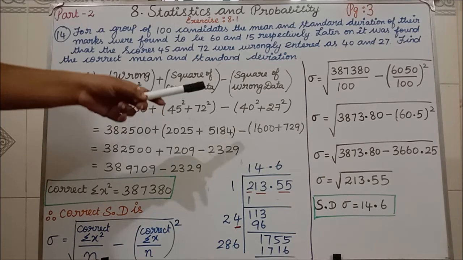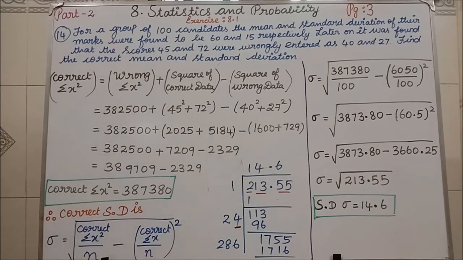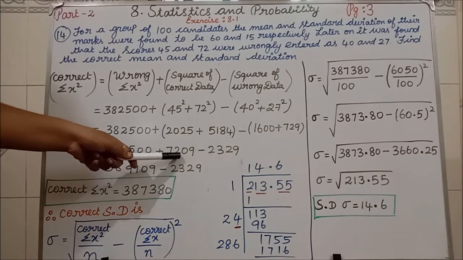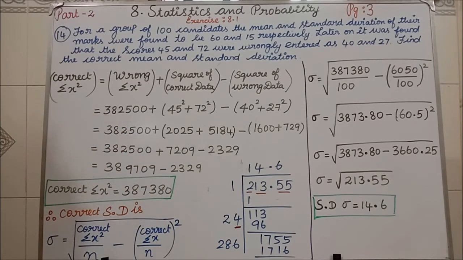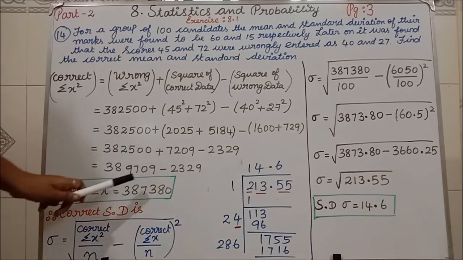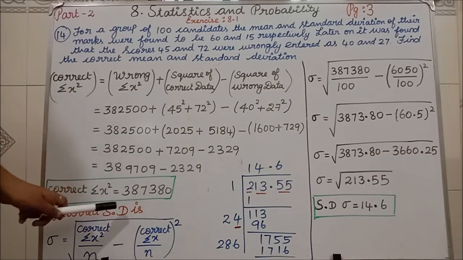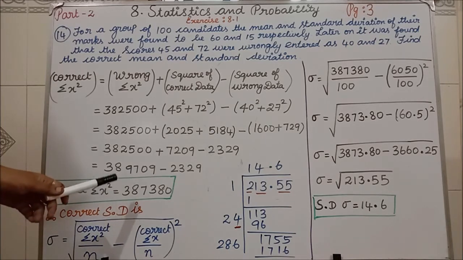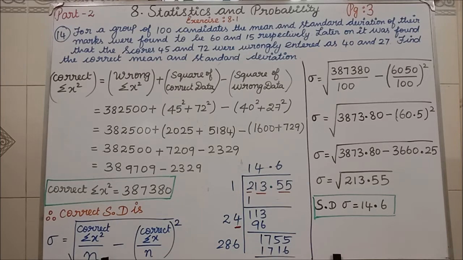These two you have to add, and 1600 plus 729 gives 2329. Those two I have written here. Then 7209 minus 2329, so the correct summation x square is equal to 3,87,380. Clear? That is the correct summation x square.